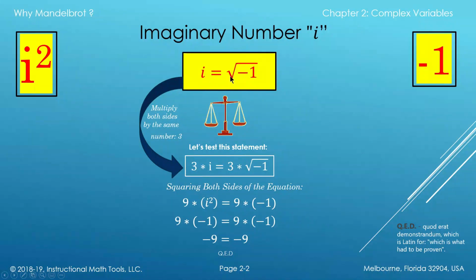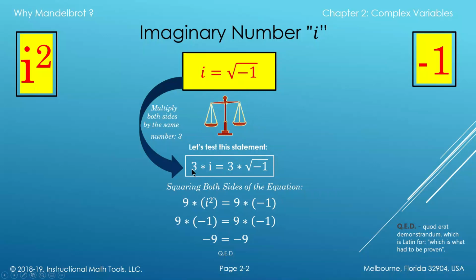Let's see if we can prove that i is equal to the square root of -1. Well, one thing we can do to prove it is, as long as we maintain the balance of the equal sign, we can multiply both sides by 3. So 3 times i and 3 times the square root of -1. This is equivalent to this statement because we haven't unbalanced it. And likewise, we can square both sides and still remain balanced.